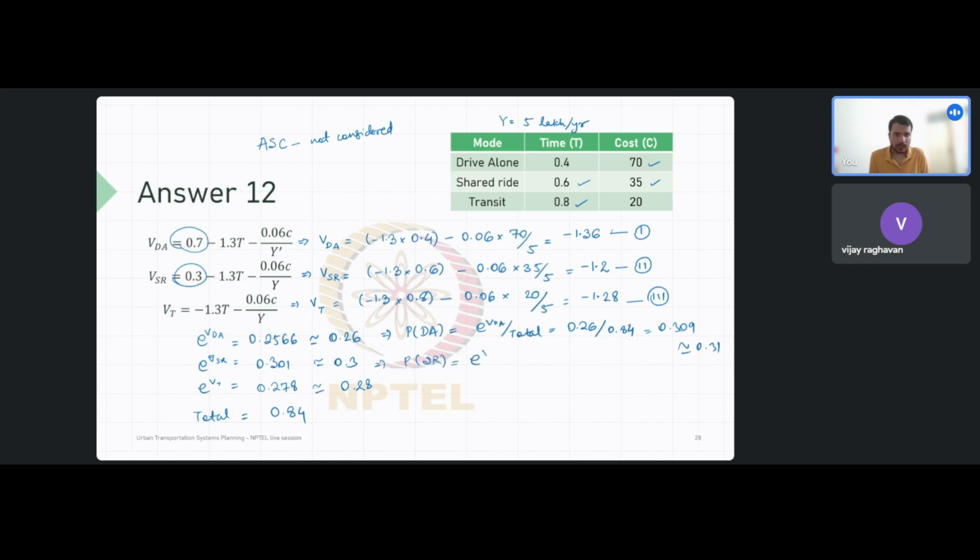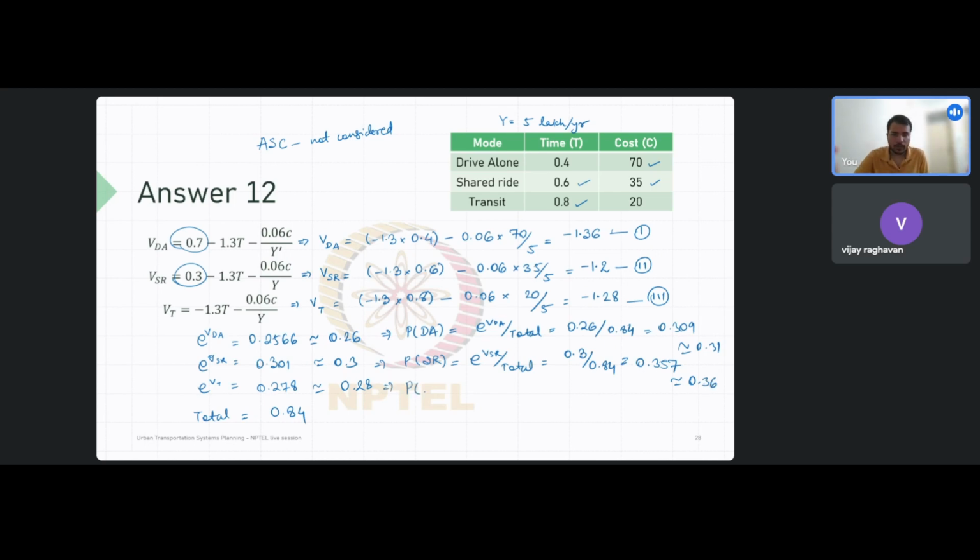Shared ride, e power VSR divided by total. So e power VSR is 0.3 by 0.84. Yeah, 0.3 by 0.84 is coming as 0.357, which is around 0.36.